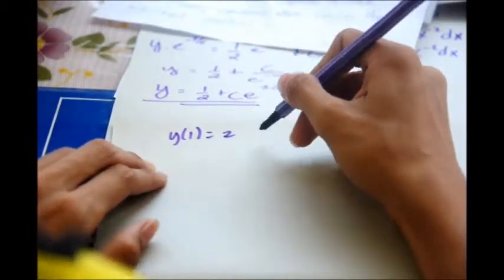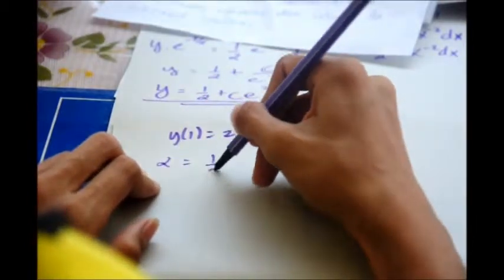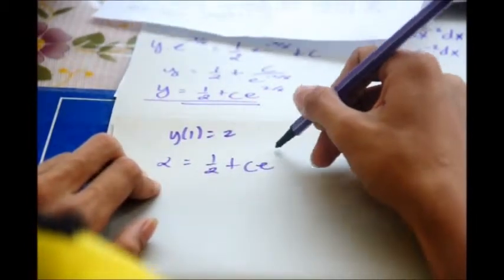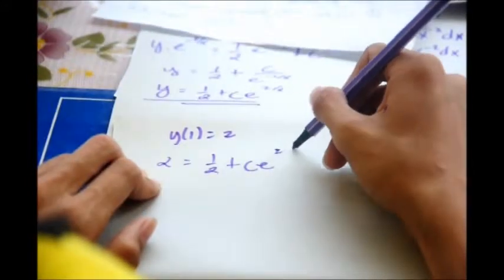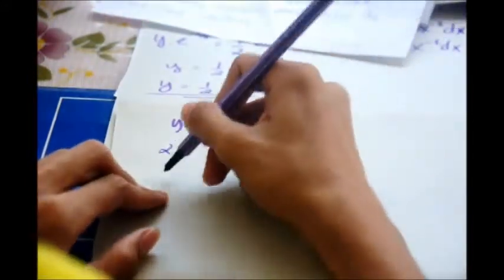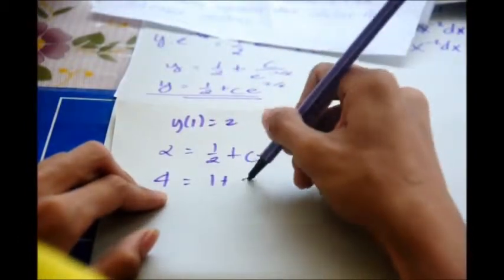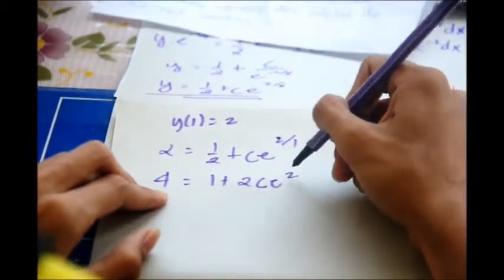So when x equals 1, y equals 2. 2 plus 1 half into 2 over 1. 4, 1 plus 2. 2.